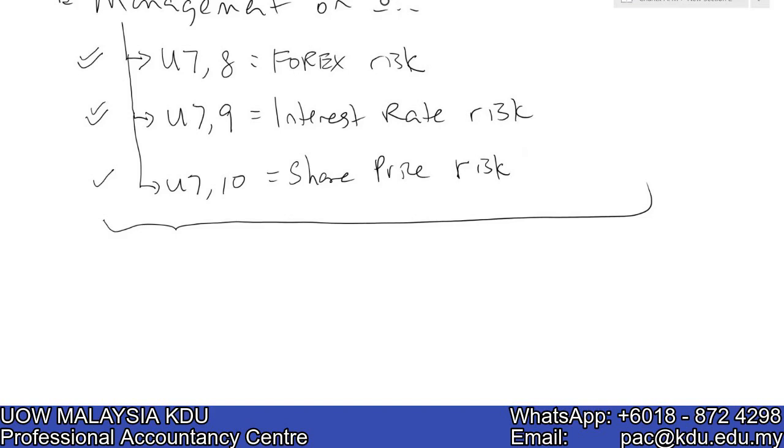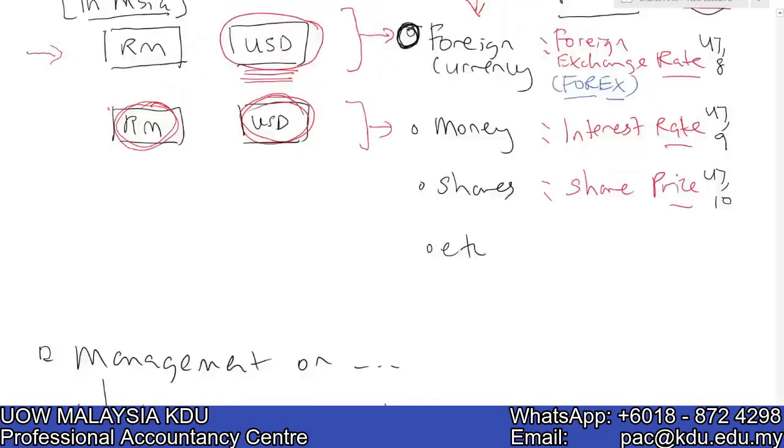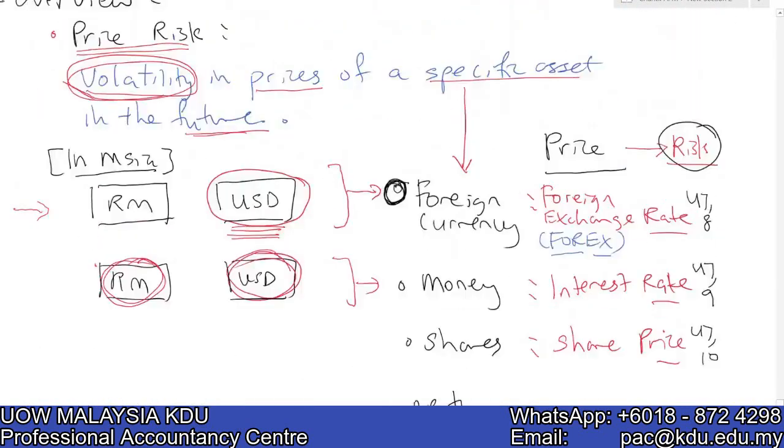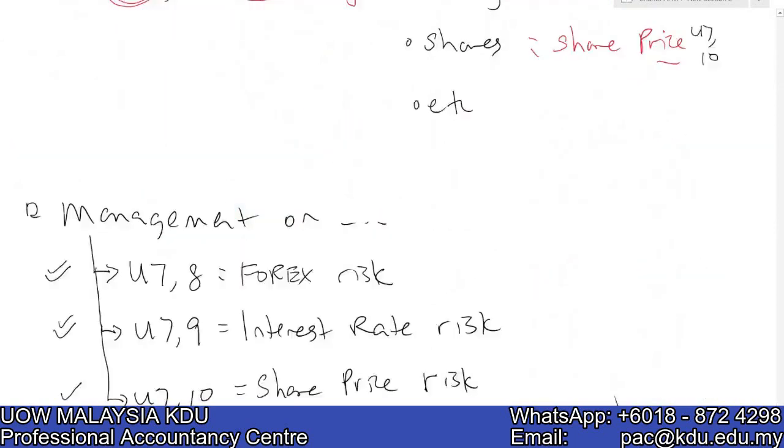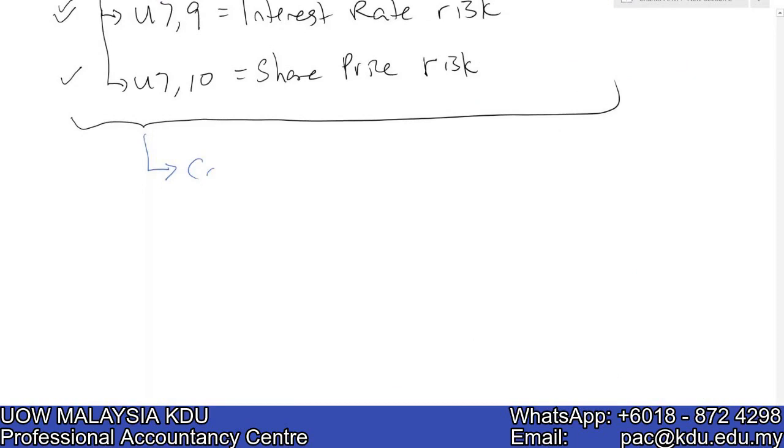Usually, when the questions test on this, the first area, which is what we're going to touch on in a short while, is what gives rise to the volatility? What causes the fluctuations in these prices? That is what we call the causes of the risk.